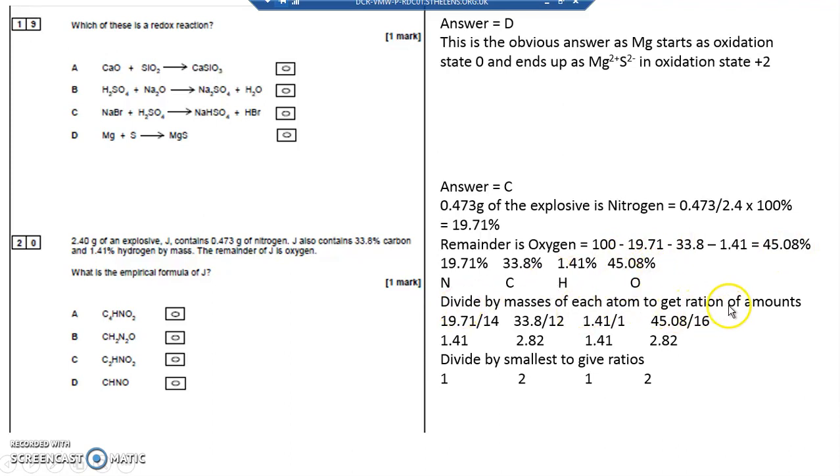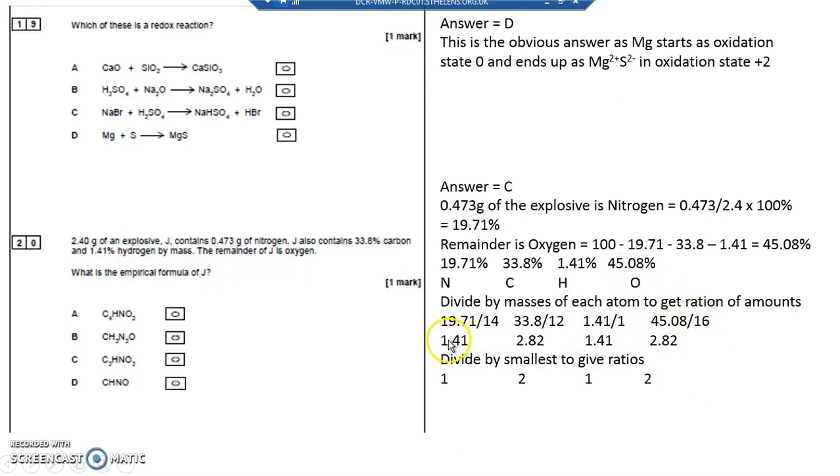I divide by the masses of each of the atoms to get the ratio of the amounts. So 19.71 divided by 14, the mass of nitrogen is 14. 33.8 divided by 12, the mass of a carbon is 12. 1.41% divided by the mass of a hydrogen, which is 1. And 45.08% for the oxygen divided by the mass of an oxygen, which is 16.